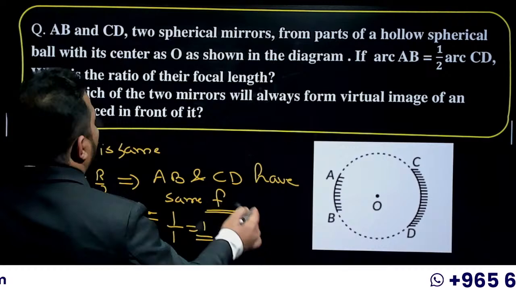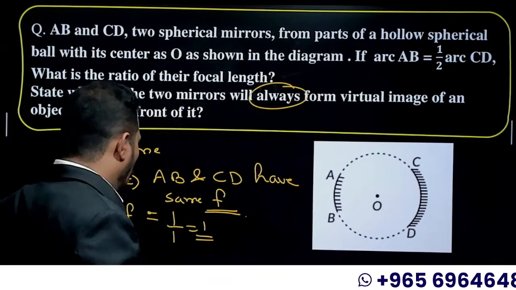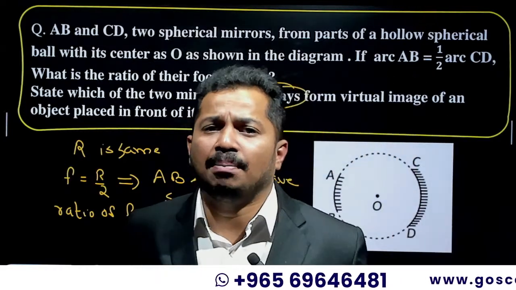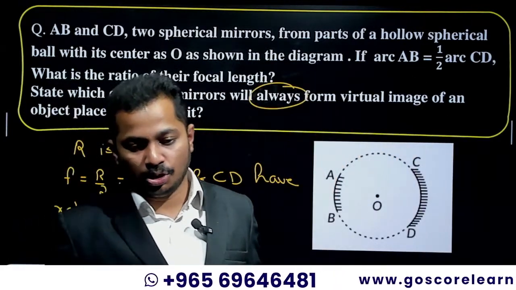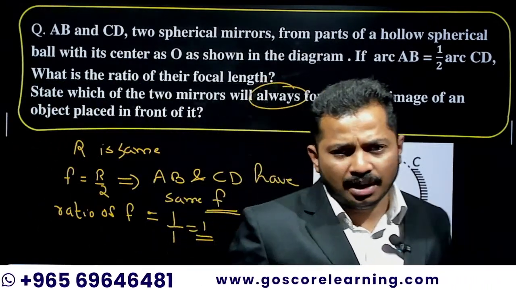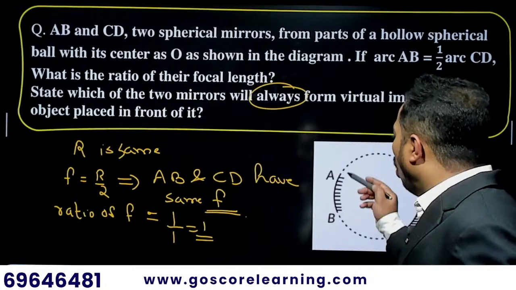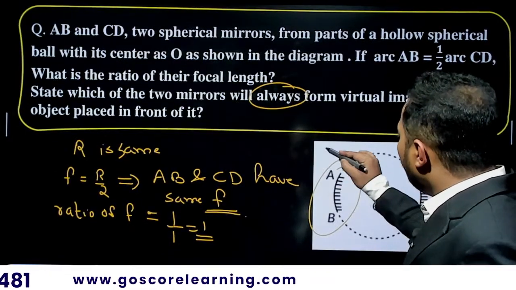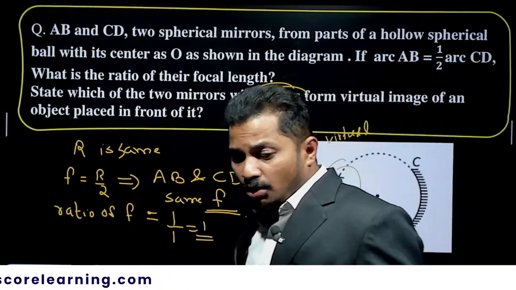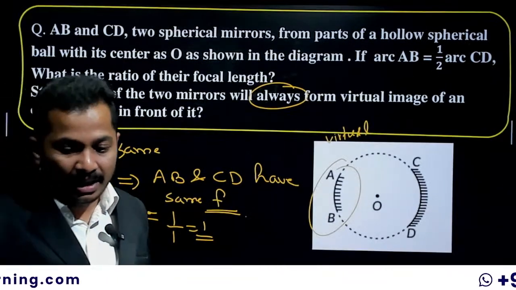What is the question? Which always forms a virtual image. You know that a concave mirror is capable of giving virtual and real images, but a convex mirror always forms a virtual, diminished image.